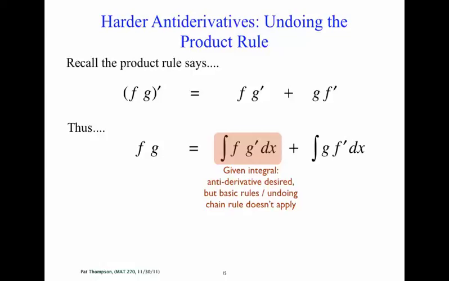We want the antiderivative, but maybe the basic rules, undoing the chain rule, don't apply. So we have a hint that it may have something to do with the product rule. Basically, if that's our given integral, then if undoing the product rule is going to be helpful, this other integral would be easier, more attainable.